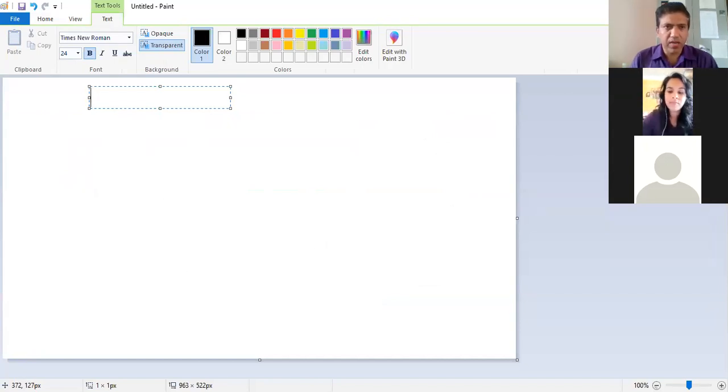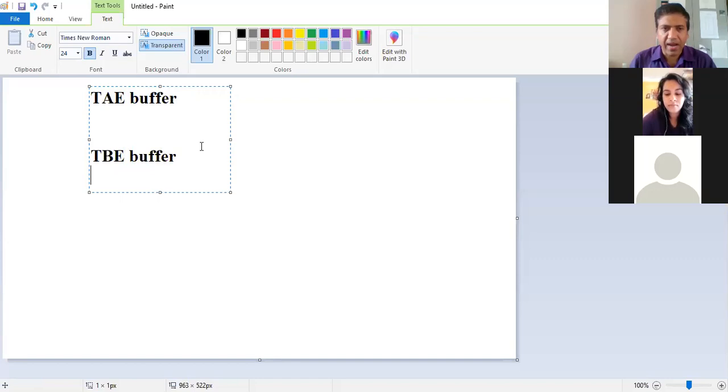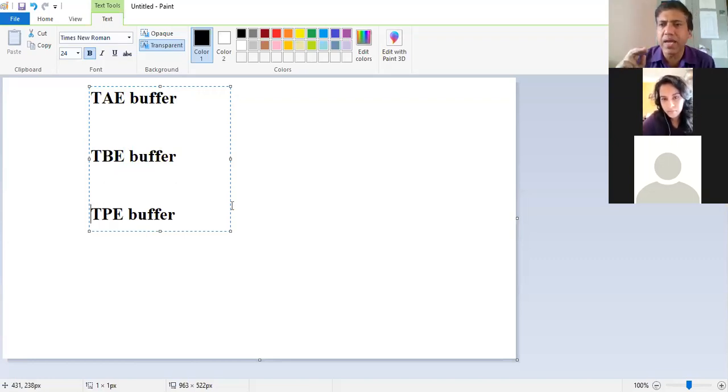Number one is called TAE buffer, and the second one is called TBE buffer. And there is a third type of buffer which is not commonly used. I have seen it only in the literature. That is the TPE buffer. So the most commonly used buffers are TAE buffer and TBE buffer.